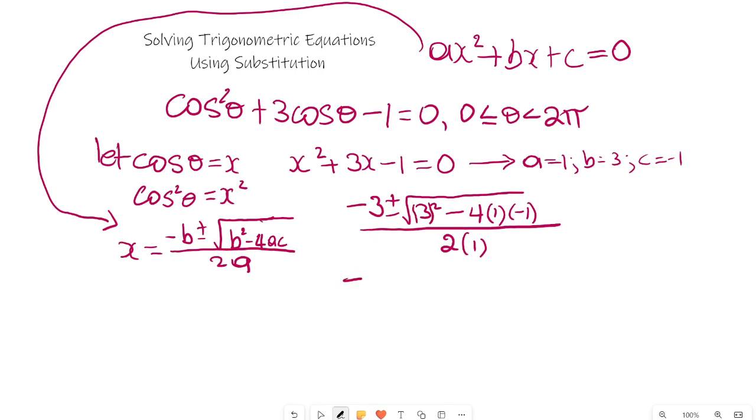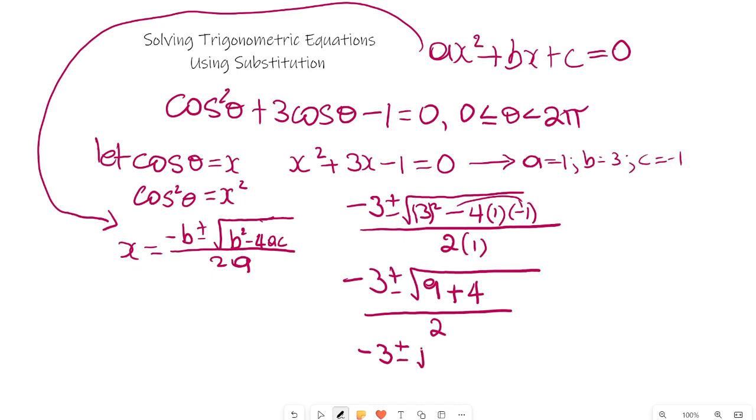This gives us negative 3 plus or minus the square root of 3 squared, which is 9, minus, so these two negatives become a plus sign, 4 times 1 times 1, so that's plus 4, all over 2. Right, so we can keep simplifying. This becomes negative 3 plus or minus the square root of 13, divided by 2.